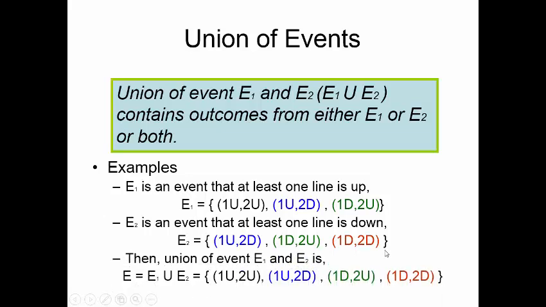If you take the union, then it will have these states. Now this one is common, so we will not count it twice. This is again common here, and then we will have this one. So we will have 4 states in the union, which is basically the whole state space in this case.